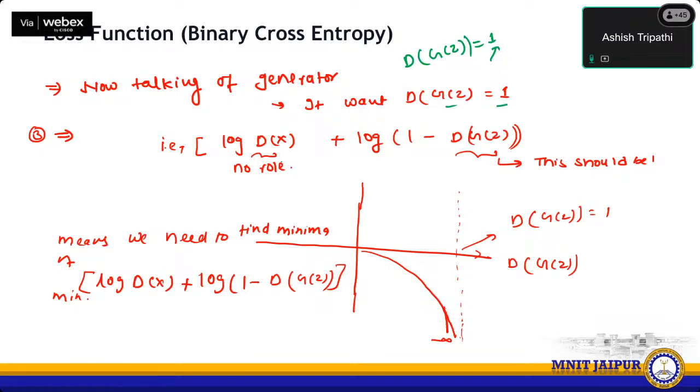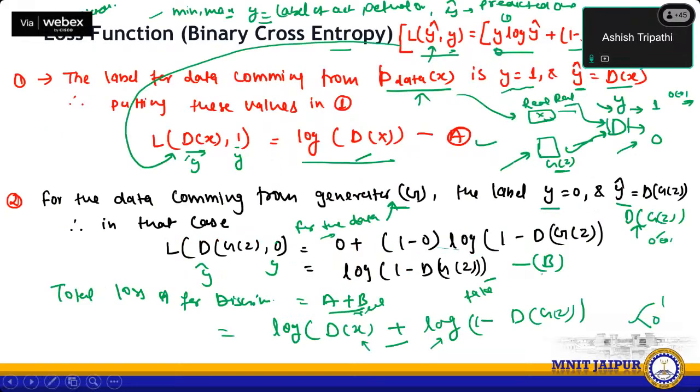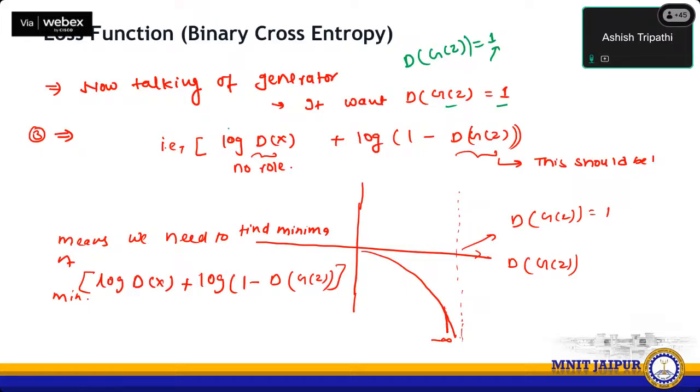Now if I talk about the equation, I am just updating the same equation that I have derived here. In the case of the generator, this log of D of x doesn't have to do anything with the generator, because D of x is a function of the discriminator. So the generator has no role in this one.